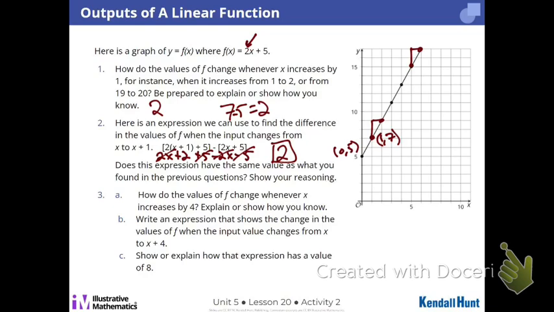So here's what you're going to do next. You're going to look at what happens if my x increases by 4. How is that going to change my outputs? All right? And then for b, you're going to make a connection right here. That's going to be similar. They're going to baby step you less, though, okay? So instead of looking at changes of 1, now we're going to look at changes of 4 and see what happens.